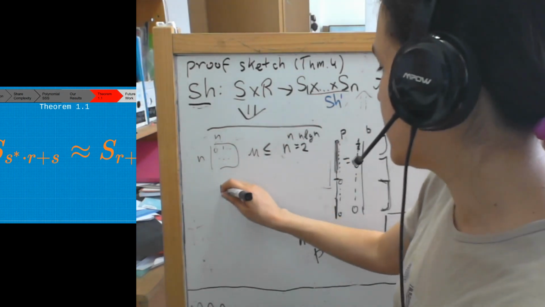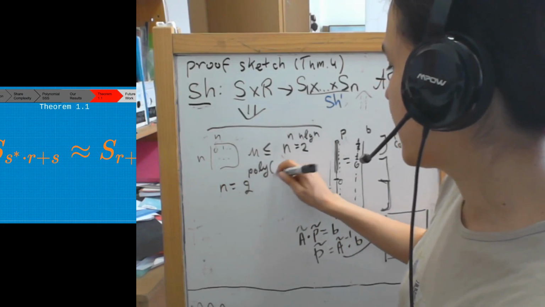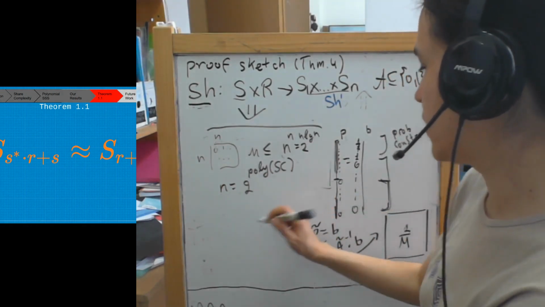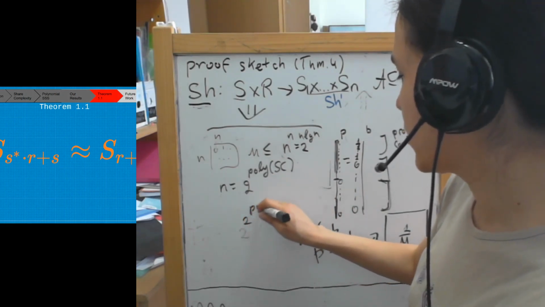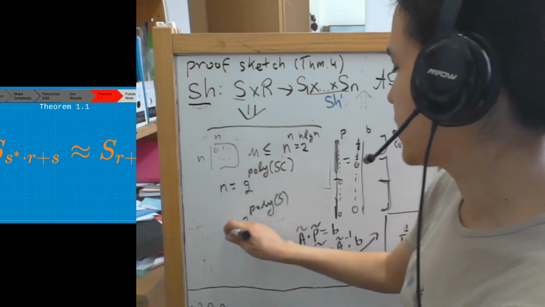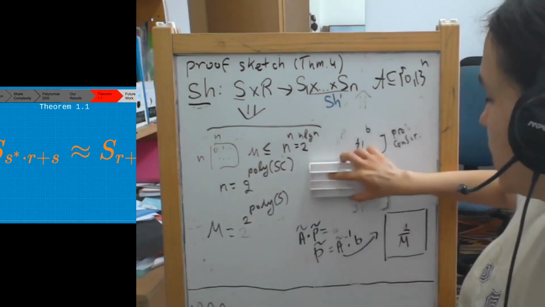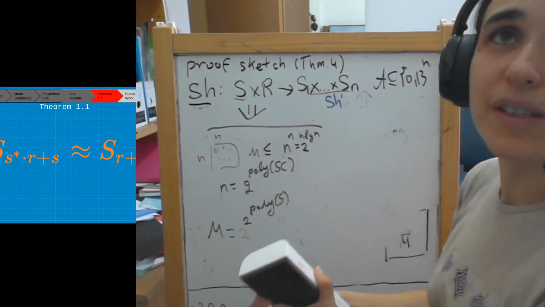In our case, this n is something like 2 to the polynomial in the share complexity. So it's something like 2 to the 2 to the polynomial in the share complexity. So this m is pretty large, but it's not that horrible, right? It is horrible, but it's a start.